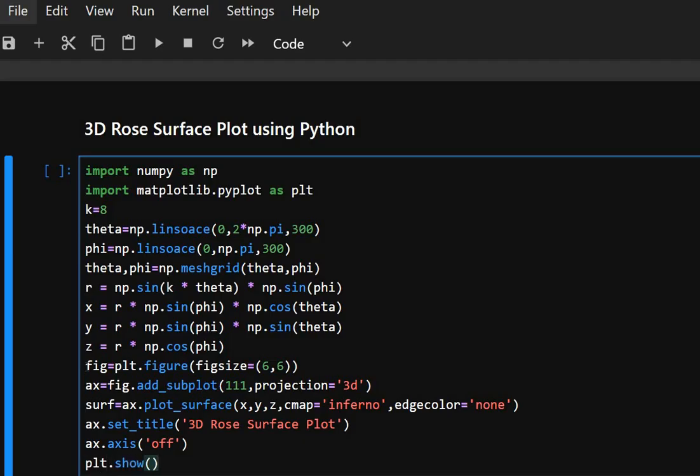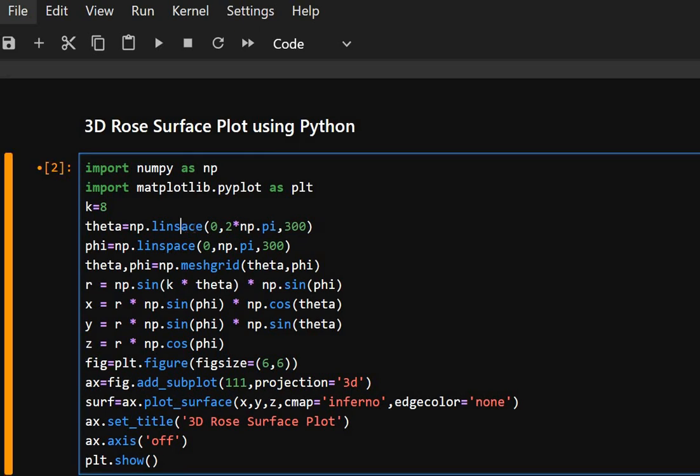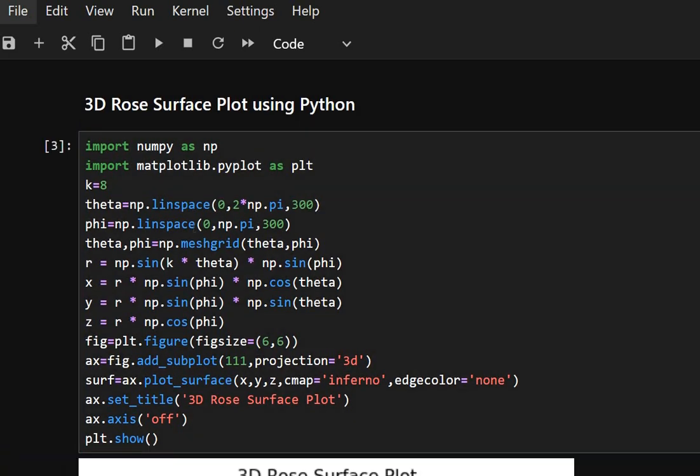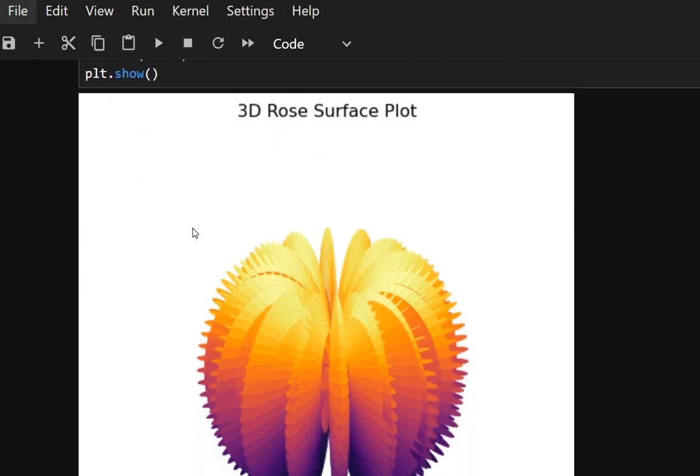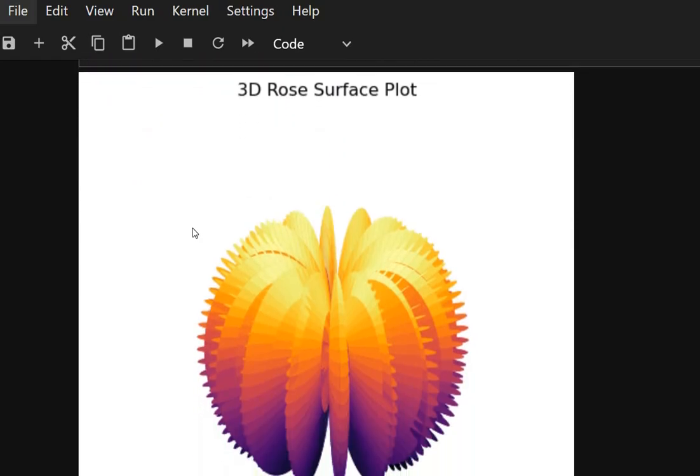And ax.axis('off') turns off the axes for a clean visual, and plt.show displays the plot. So here we can see a rose surface plot.